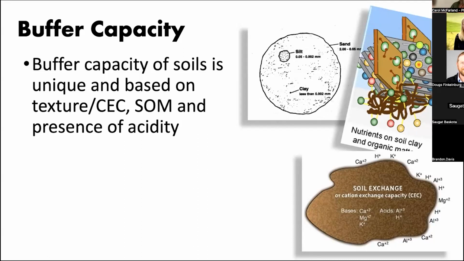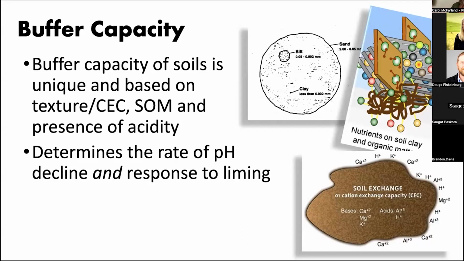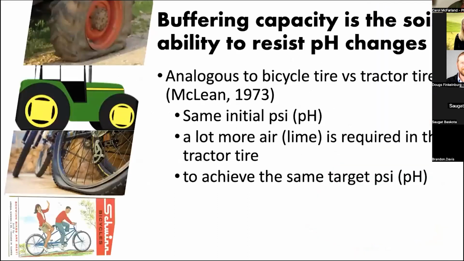But unfortunately, you're going to see some bigger numbers when you start seeing the lime requirements that came out of our incubation studies, as a result of that higher buffer capacity in many of our region's soils. It's a good thing because we can hold lots of nutrients and buffer the acidity in the soils, but it does determine the rate of pH decline, allowing it to happen more slowly, and it also determines the response to liming.